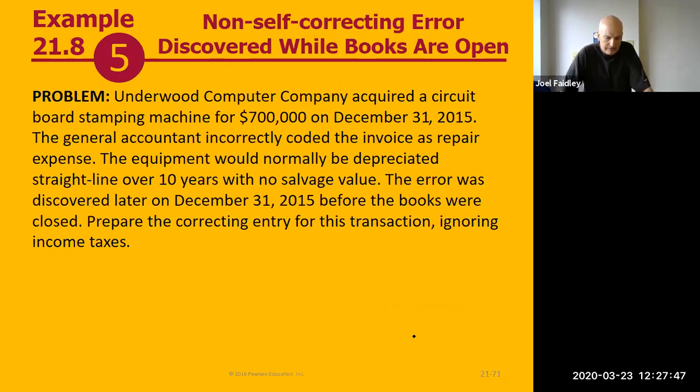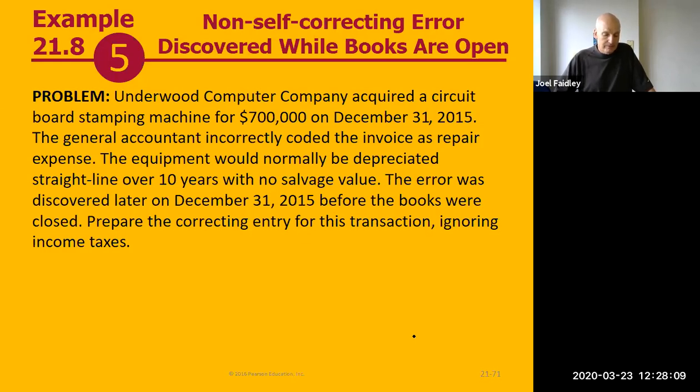So here, the Underwood Company acquired a circuit board stamping machine for $700,000, December 31. The journal accountant incorrectly coded the invoice as repair. So they debited repair expense for $700,000 and credited cash or accounts payable, and normally it would have been depreciated straight line for 10 years.